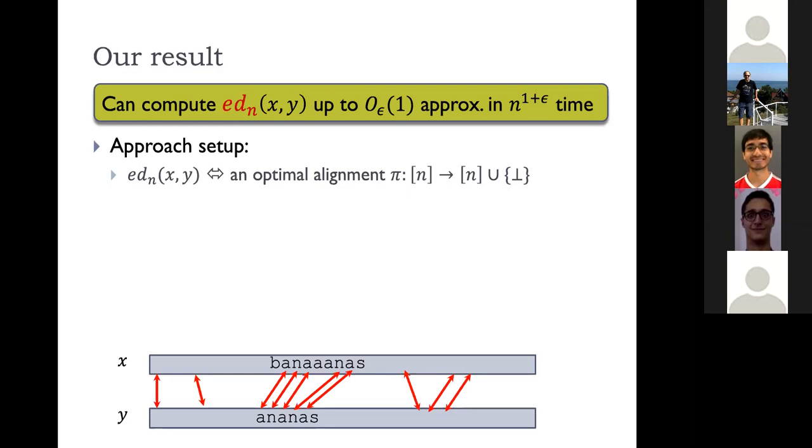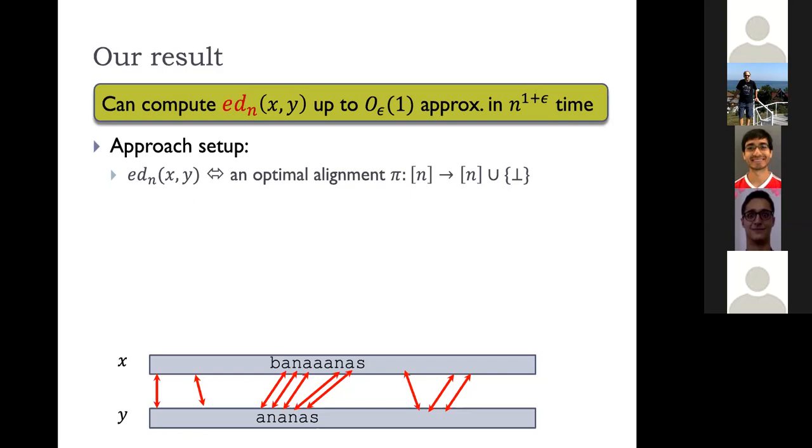The ones that don't participate in this optimal alignment are the ones that should be deleted or inserted in the other string. So in a sense, this optimal alignment corresponds to the characters that are not touched during the operations of edit distance. And basically describing an optimal alignment is pretty much the same as finding the value of edit distance.